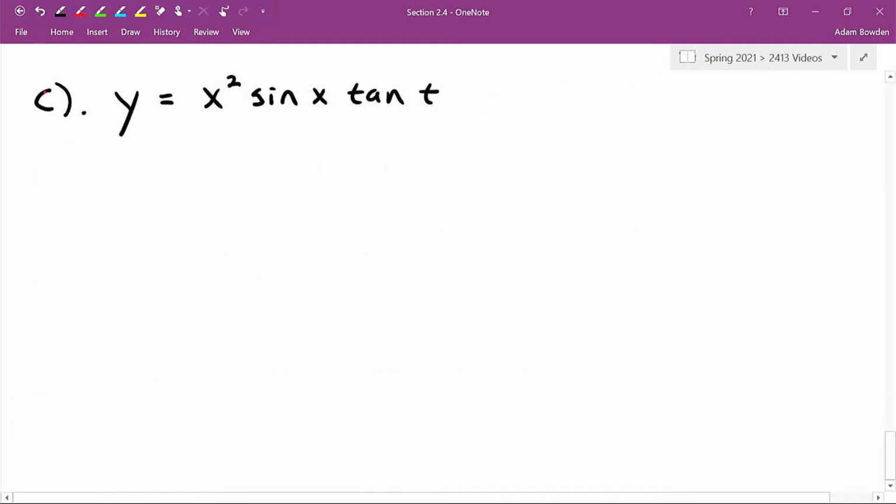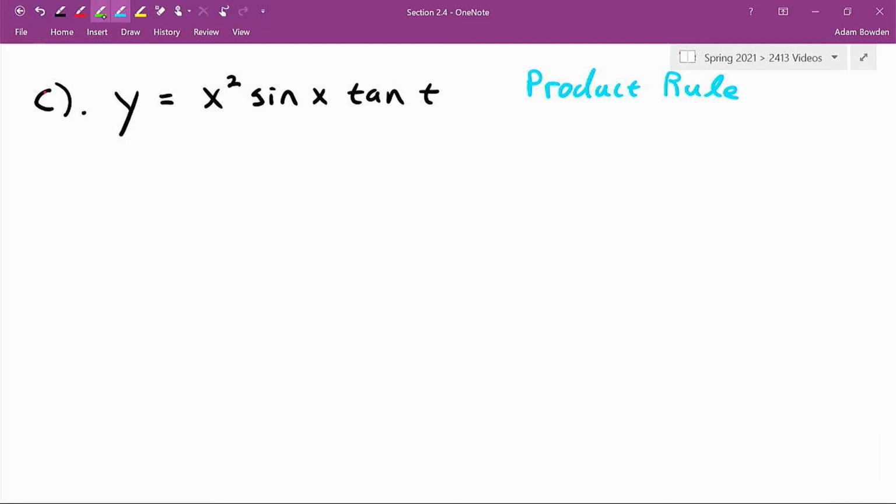This one goes y equals x squared sine x tangent x. Okay, the overall picture of this one is we've got three different terms multiplied together. So it is a product rule. We will be using that as part of taking the derivative here.